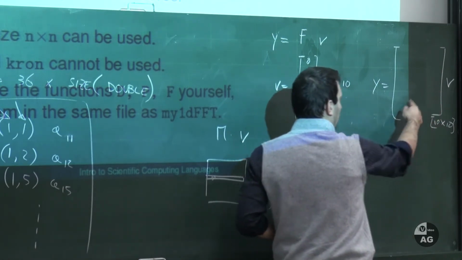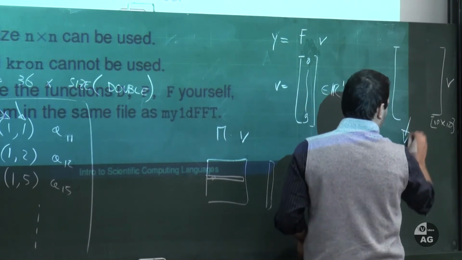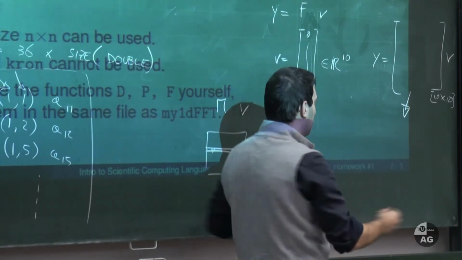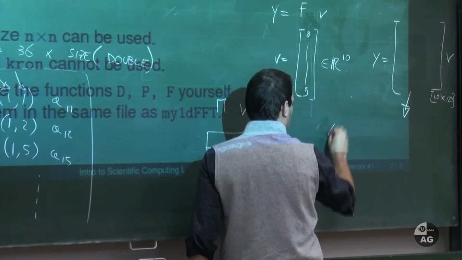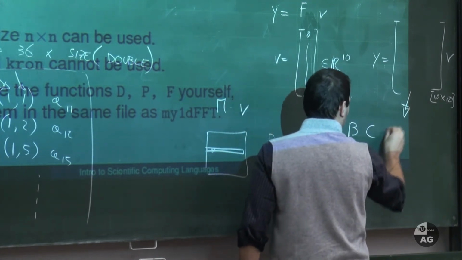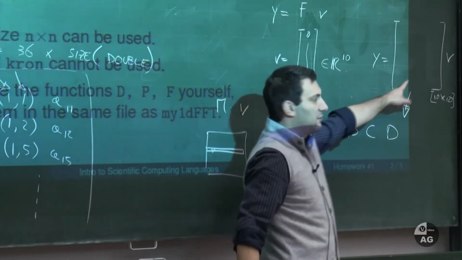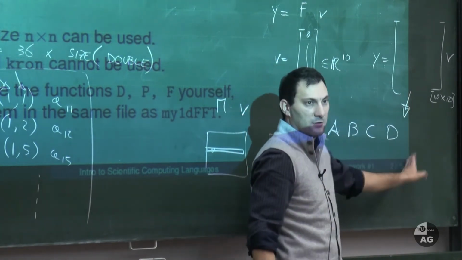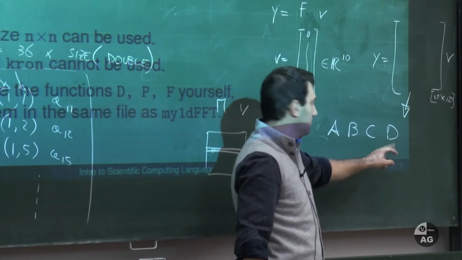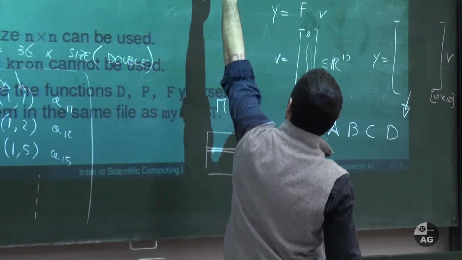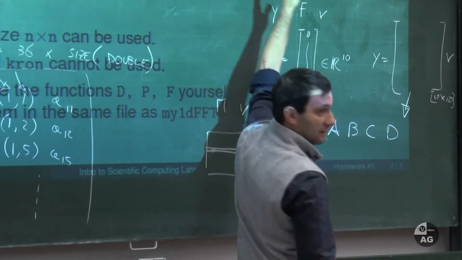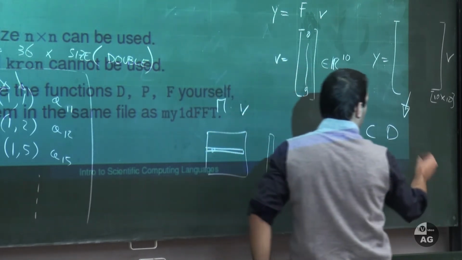So instead of writing this matrix like that, we want to decompose it. We want to write this matrix as 4 successive matrices: P, that thing with the Kronecker, D, that thing with the Kronecker, and so on, then v is here.